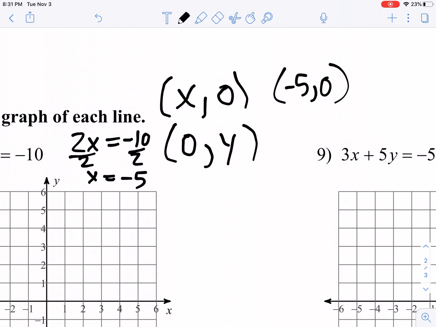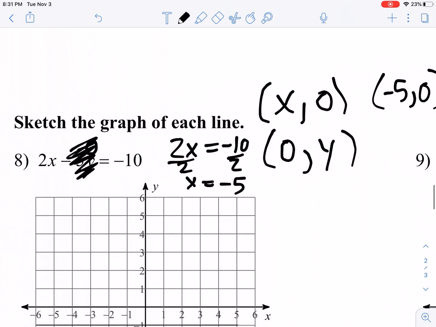Now if I want to find the y-intercept, what has to be 0? Well, the x does, right? So instead of covering up the y, I need to cover up the x. So think about it this way. If I plug in a 0 for x, what's 2 times 0? 0. So basically all of that gets covered up and we're left with a negative 5y equals a negative 10.